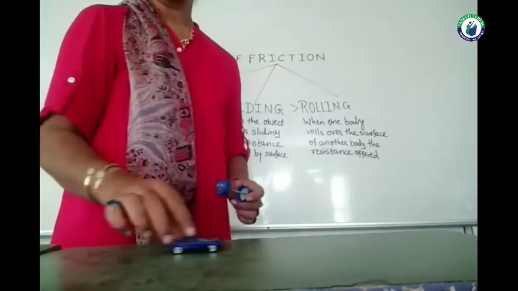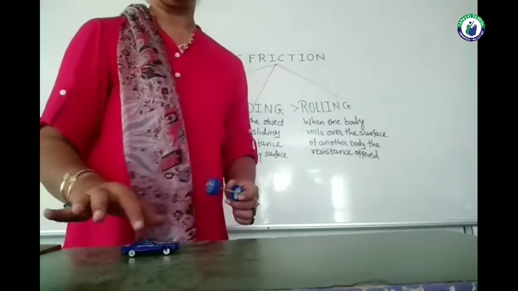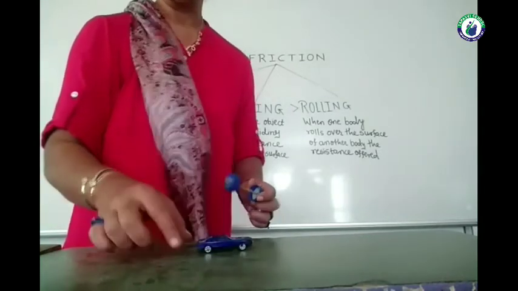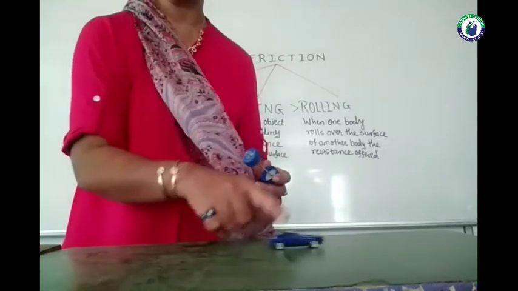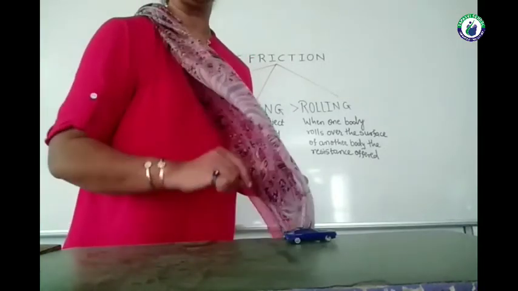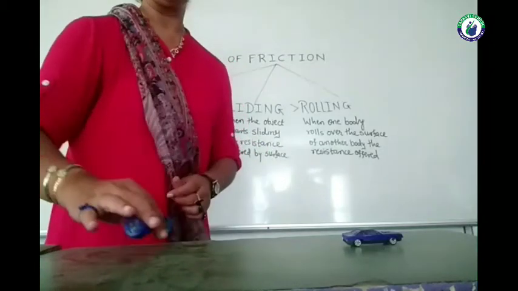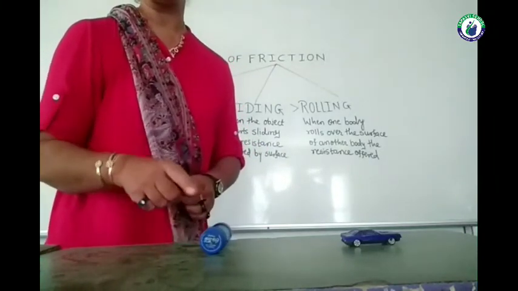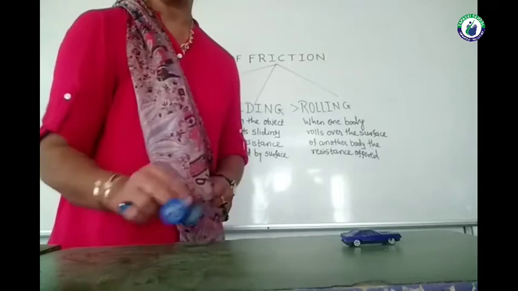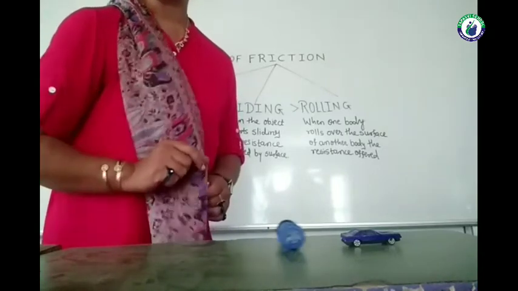You can see over here that this has rollers in the form of wheels, and this is moving comparatively much faster. These rollers are made with the help of toothpicks and the lids of bottles.